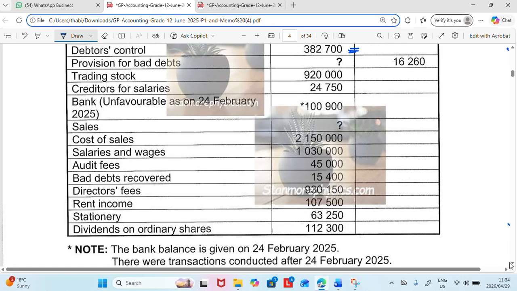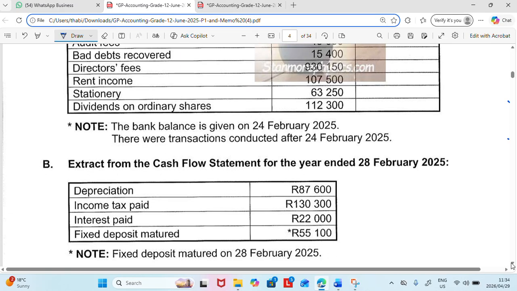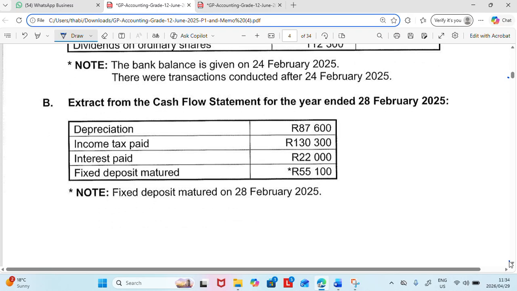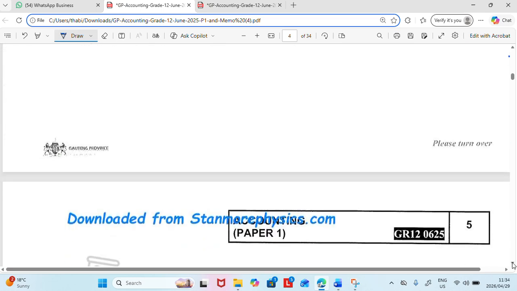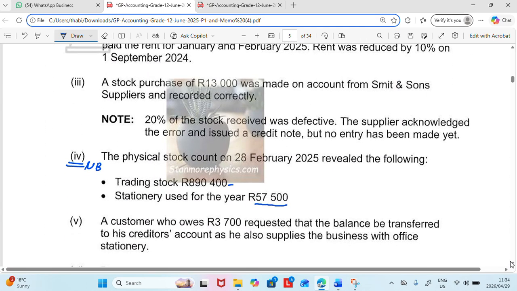So we need to check if we have any income receivable. But according to the structure, guys, we start with net trade debtors, where we take debtors control minus provision for bad debts. Okay, do we have any provision for bad debts or anything that will reduce our debtors control?